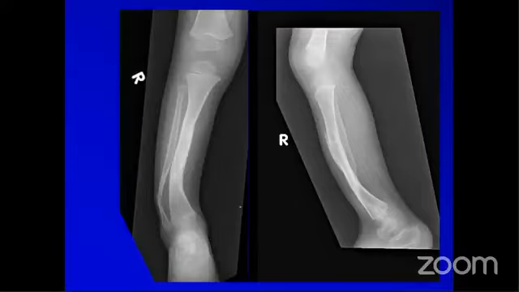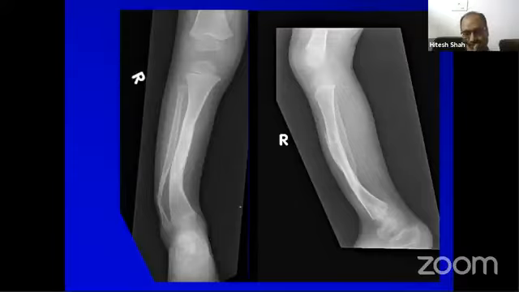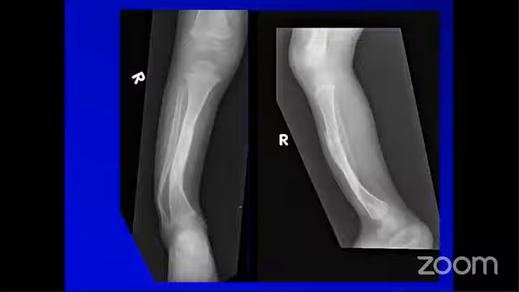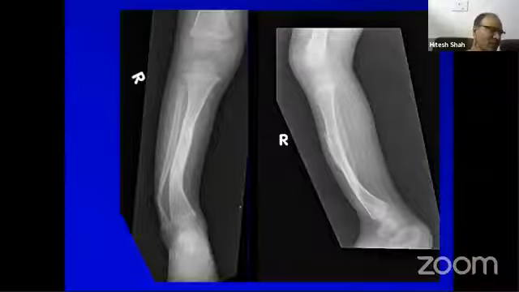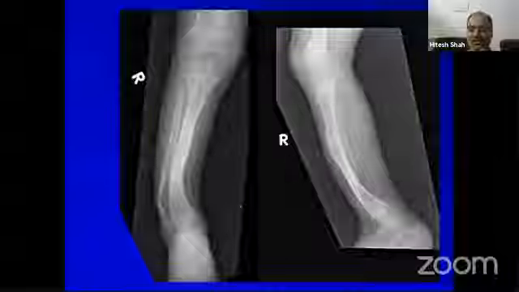There is bowing of the tibia at the junction of the distal 1/3 and proximal 2/3, as well as bowing of the fibula at the same level, associated with a fracture of the fibula. So this is a typical case of anterolateral bowing with fibula pseudoarthrosis.